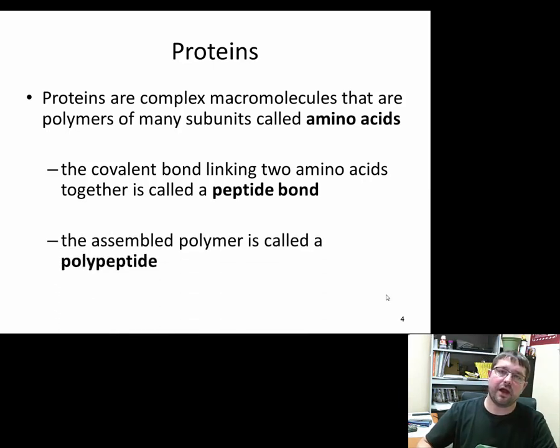As you increase the size and bind more amino acids together, your monomers are building into a polymer, and that polymer has a special name, a polypeptide, meaning multiple peptide bonds or multiple peptides. So another word for proteins is polypeptides.